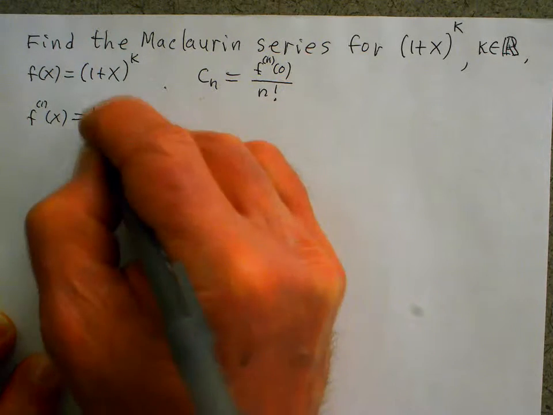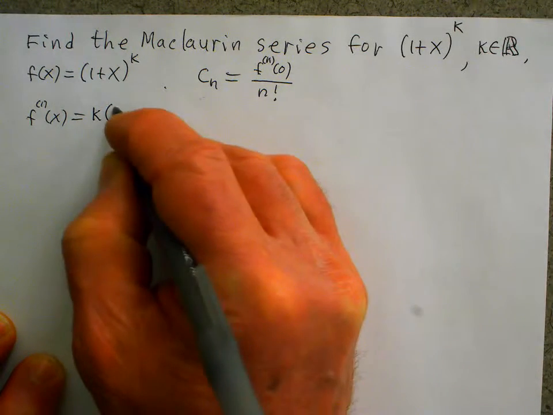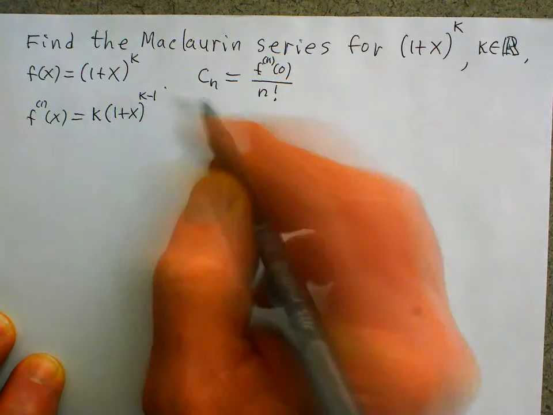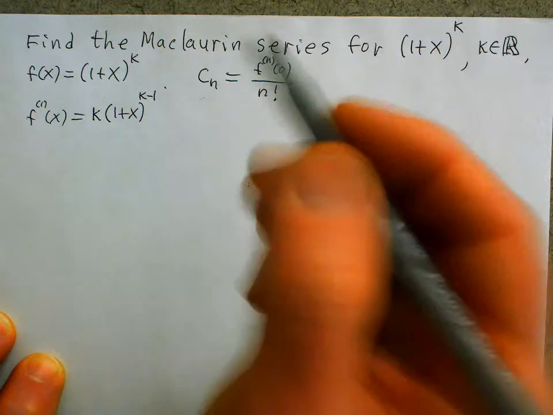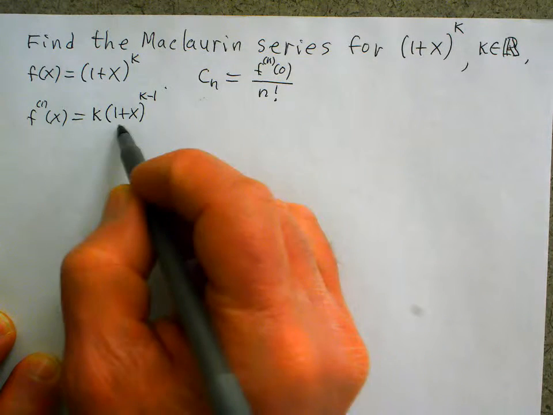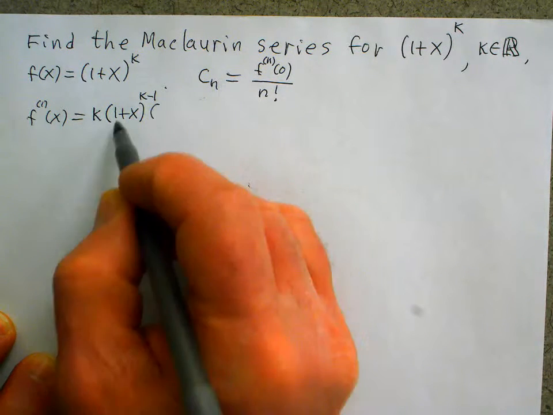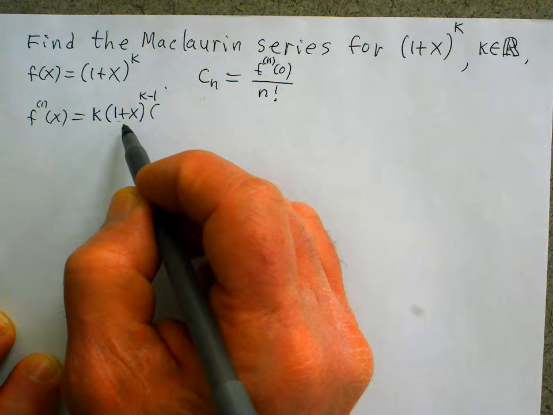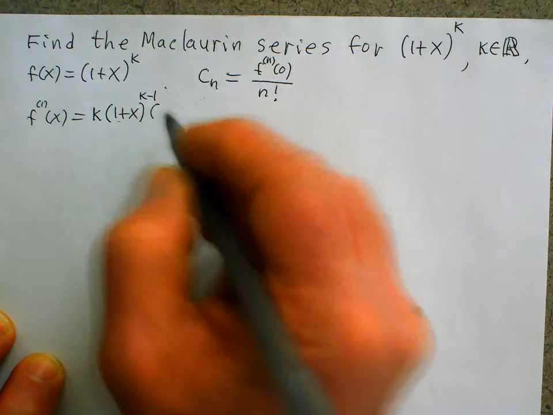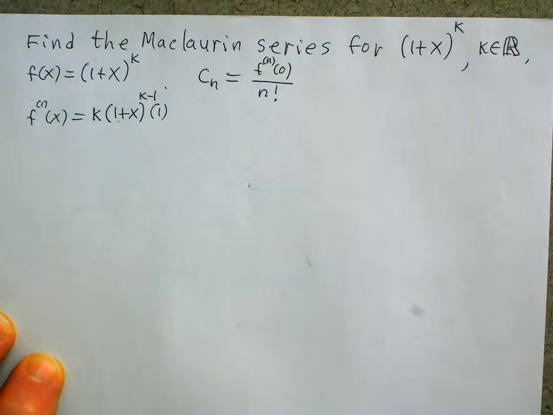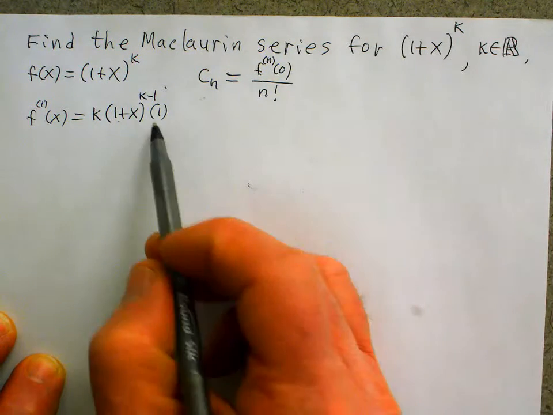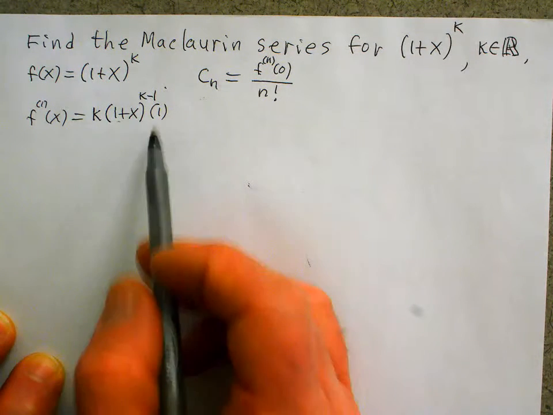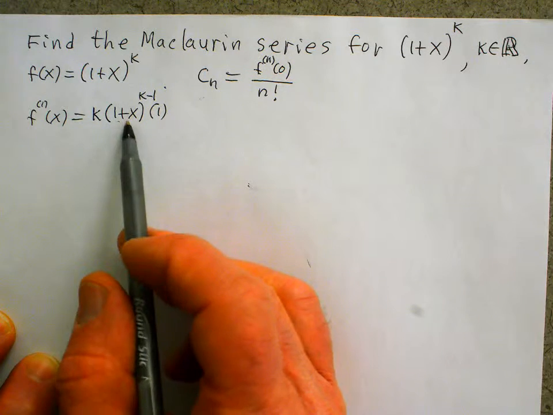So k times the quantity 1 plus x to the k minus 1. And just as a reminder, we want to multiply this by the derivative of the expression inside the parentheses. So the derivative of 1 plus x is just 1. So I point that out just as a reminder in general, but from now on, we'll omit doing that since it's always going to be 1.